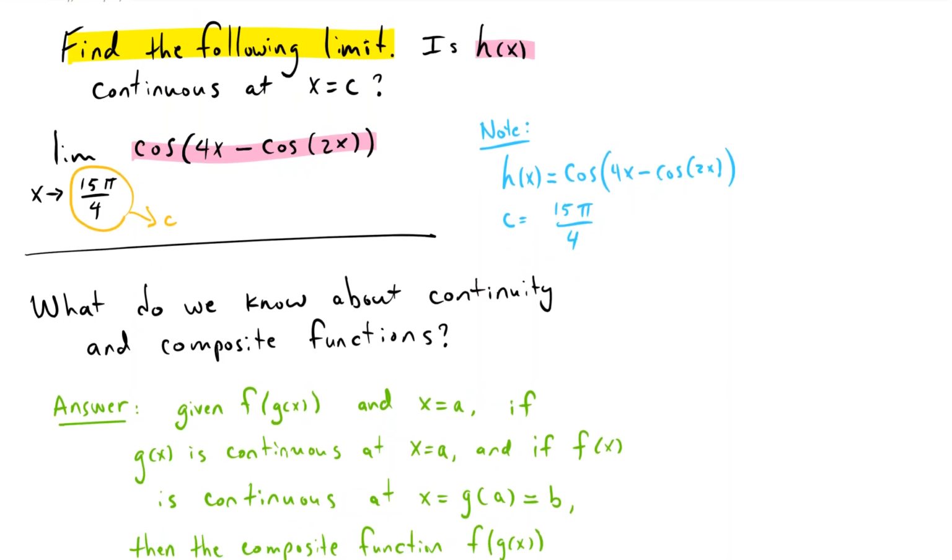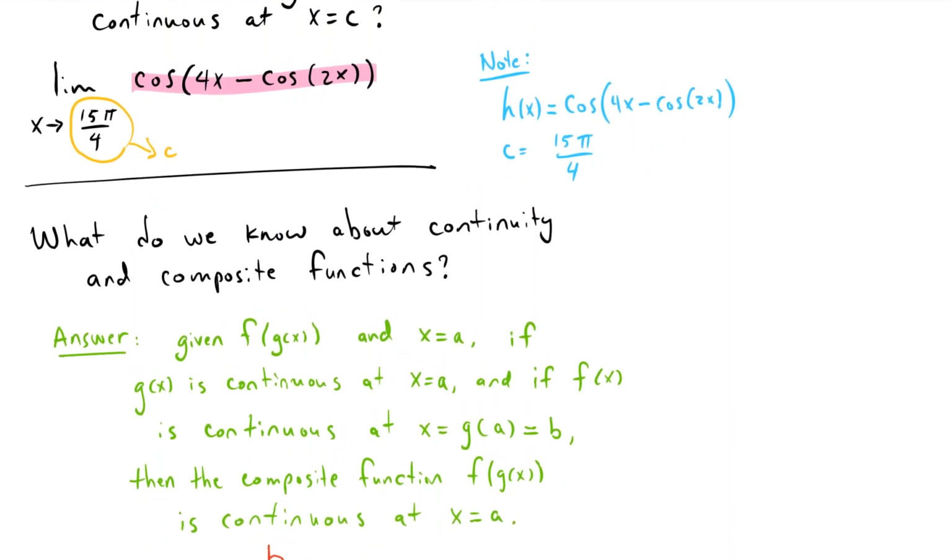So how do we do that? What do we know about continuity and composite functions? Well, the answer is, given f of g, meaning you have two functions f and g, where g is being used as the input into f, and we're given an x value, say a.